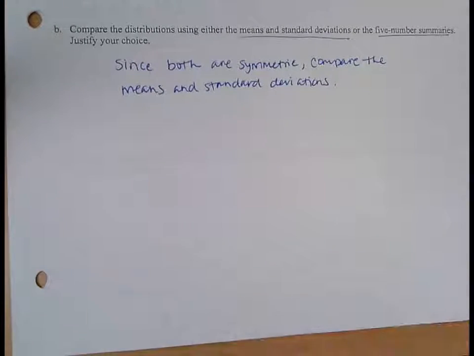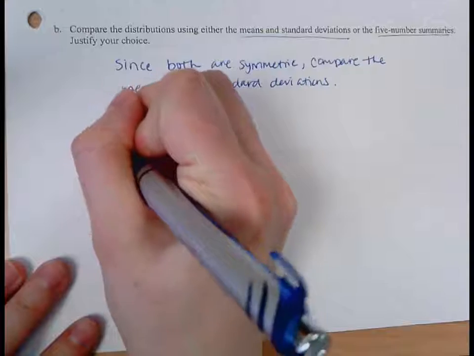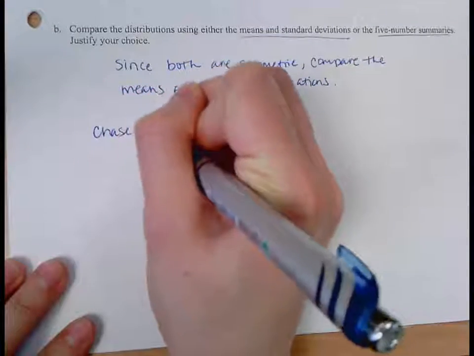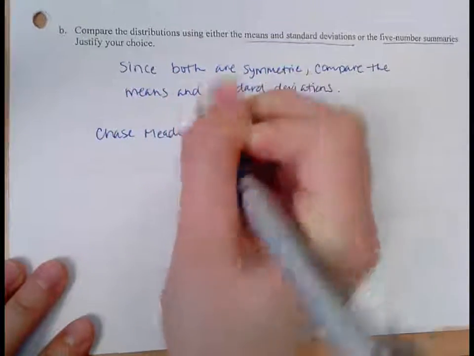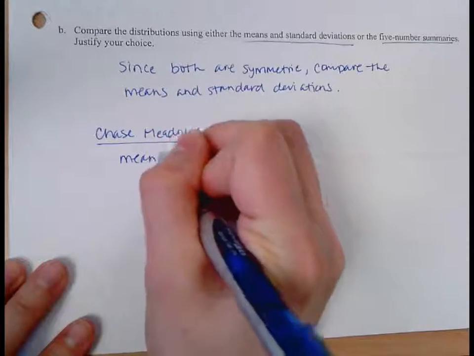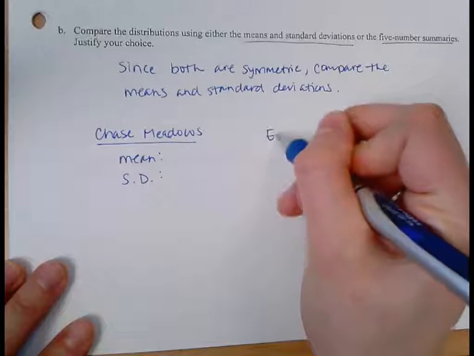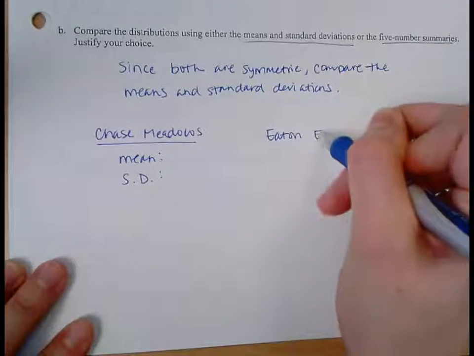All right, so then to find both, and I'm going to list here, I'll put Chase Meadows. We're finding the mean and the standard deviation, and then I'll do the same thing for the Eaton Estates.